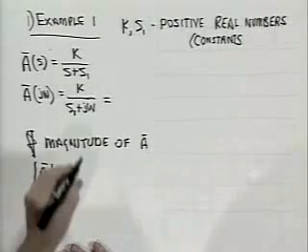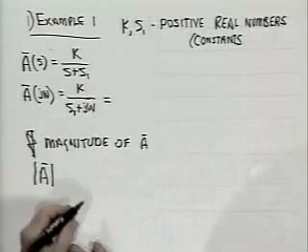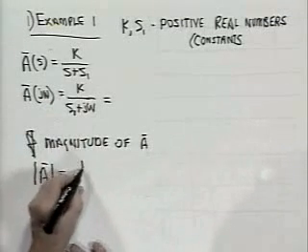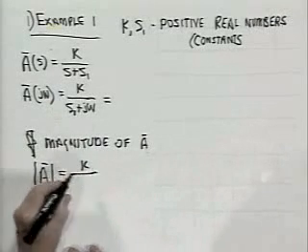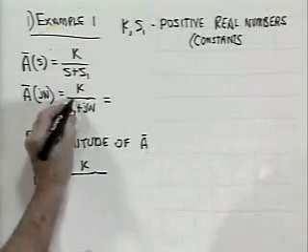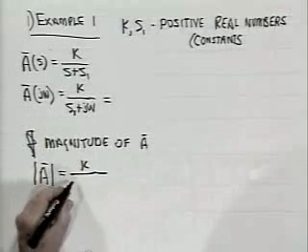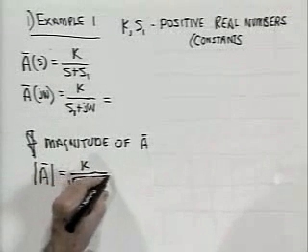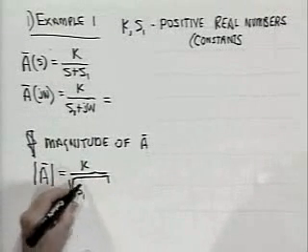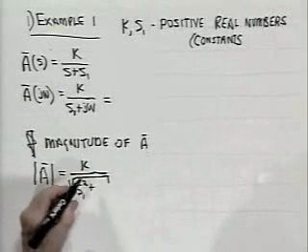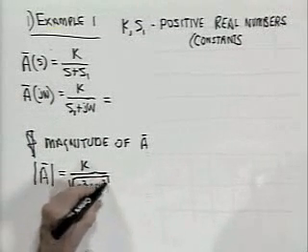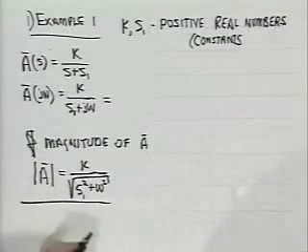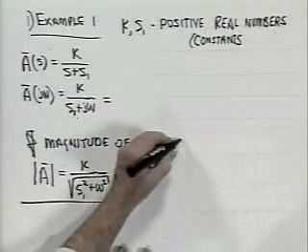The magnitude of A is just the magnitude of the numerator divided by the magnitude of the denominator. So it's the constant K divided by the magnitude of the complex number s1 plus j omega, which is the square root of the sum of the squares of the real and imaginary parts. So it's the square root of s1 squared plus omega squared. That's the magnitude.